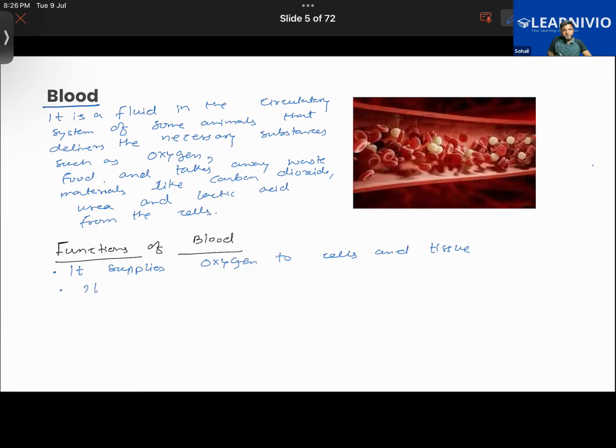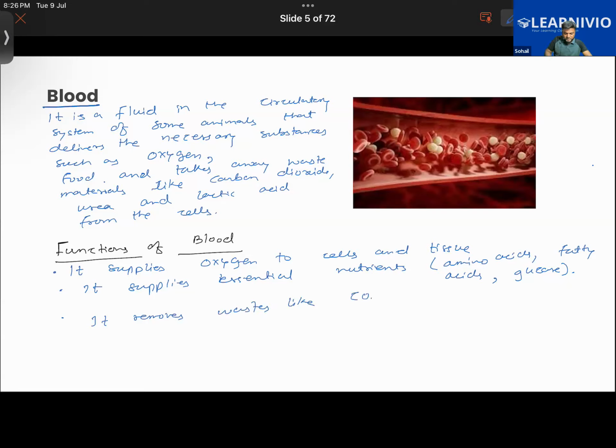Next, it supplies essential nutrients like, for example, amino acids, fatty acids, and glucose also. Next, it removes wastes like carbon dioxide, that is CO2, and lactic acid.